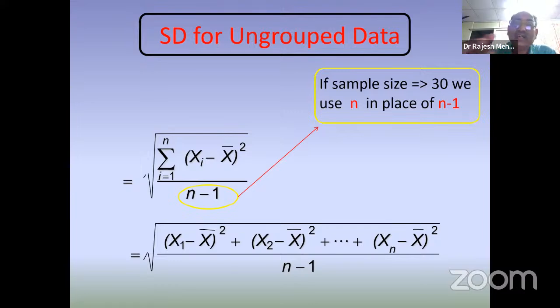So 15 is not at all away from the mean, so there are only 4 deviations. That's why n minus 1, 5 minus 1. So I repeat, if you have these 5 observations, one observation, the 15, is almost near the mean, so there is no deviation. If there is no deviation, why should we consider it? That's why, to get a better result, we do n minus 1.